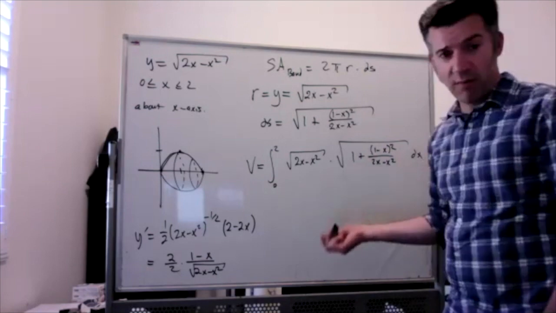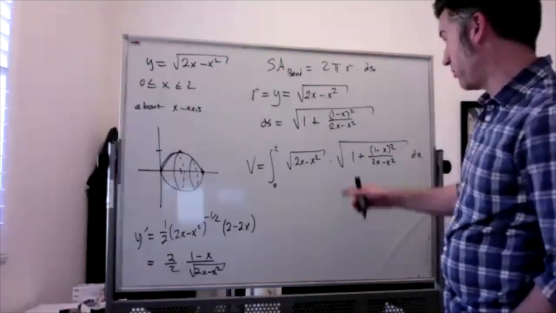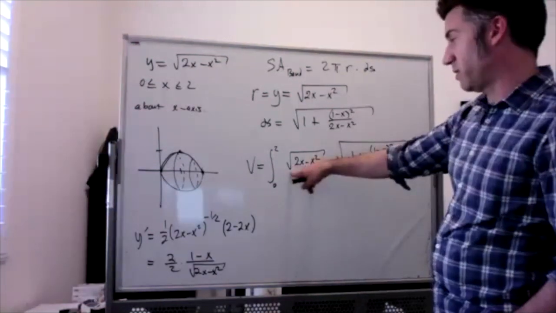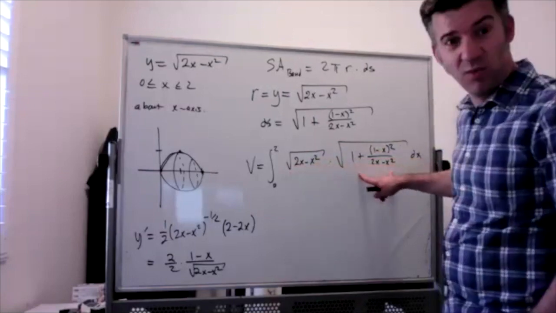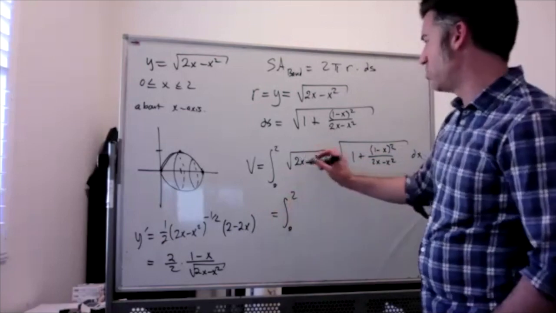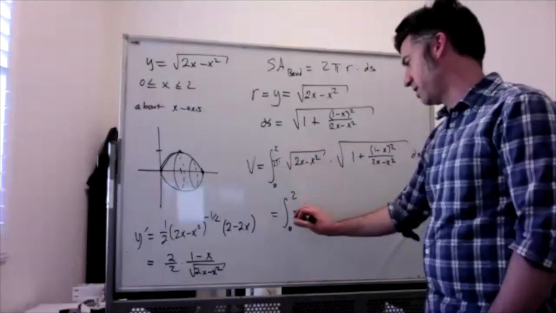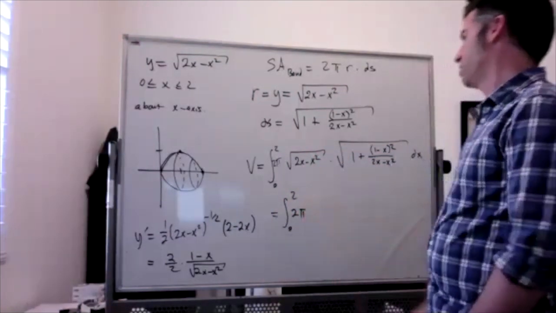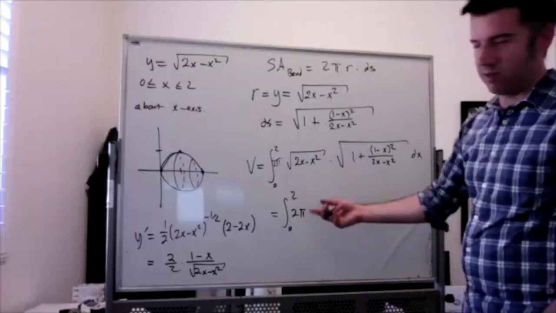And the important thing to remember is that square roots you can multiply together. So if you multiply this times this, you're just going to get 2x minus x squared times the inside, which is actually going to work out really nice. I forgot my 2 pi. Don't want to forget 2 pi's, let alone 1. So I should put that on that side of it.